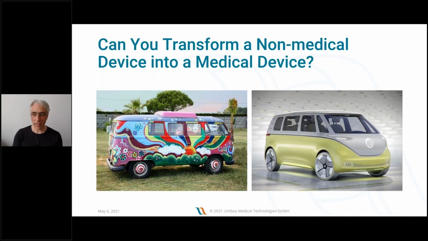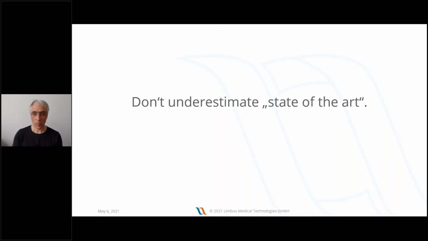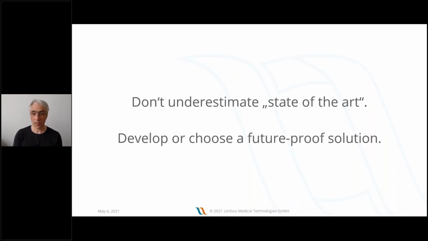So I have basically two short take-home messages for you, if you're working in the laboratory space or even in genetics. The first one is, do not underestimate the state of the art. When the IVDR mentions state of the art in the software world, it means really very specific things, and there are recognized standards which tell you how to do it. And the second message is, well, choose a future-proof solution.